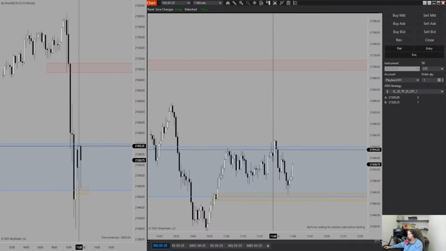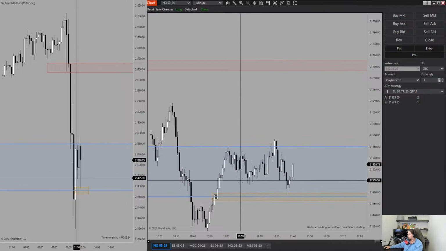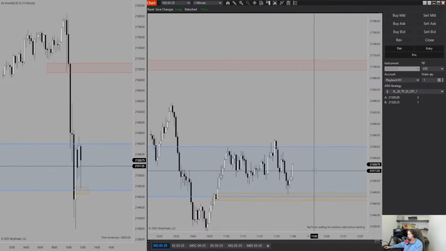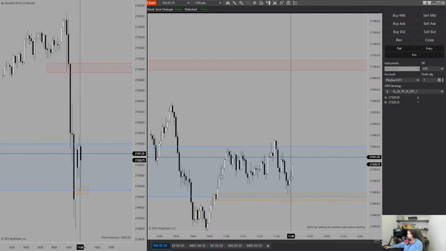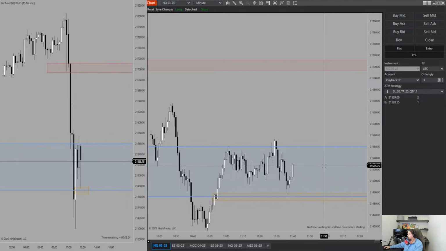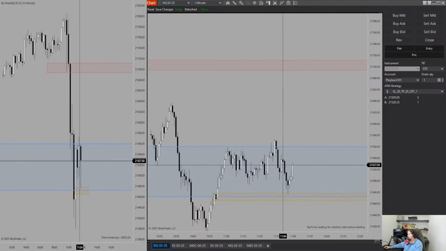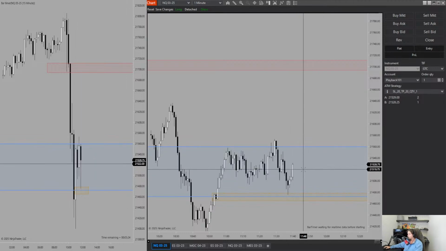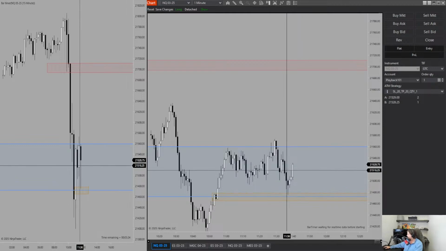So this has already been mitigated. Swipe this liquidity. I feel like we fully mitigated, filled this gap on the 15 second.